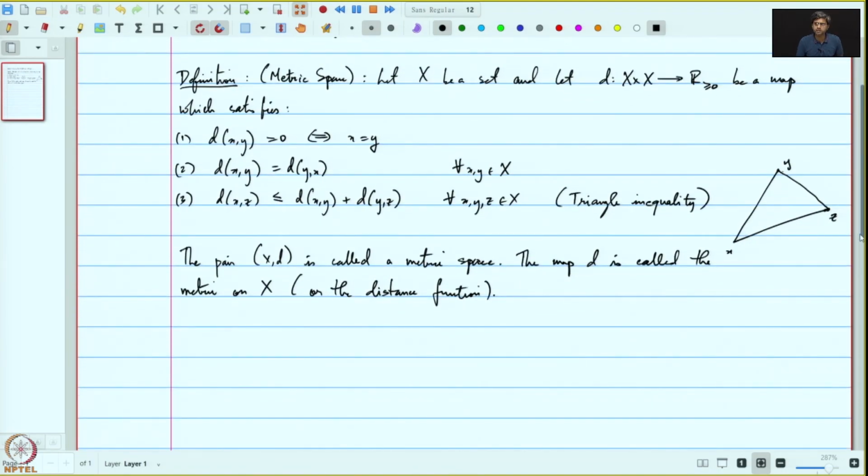We just need any function d which satisfies these three conditions. So given any set X, there could be lots of metrics on X.